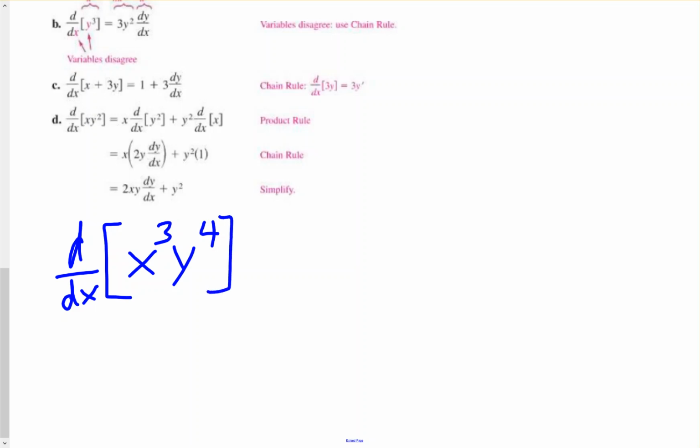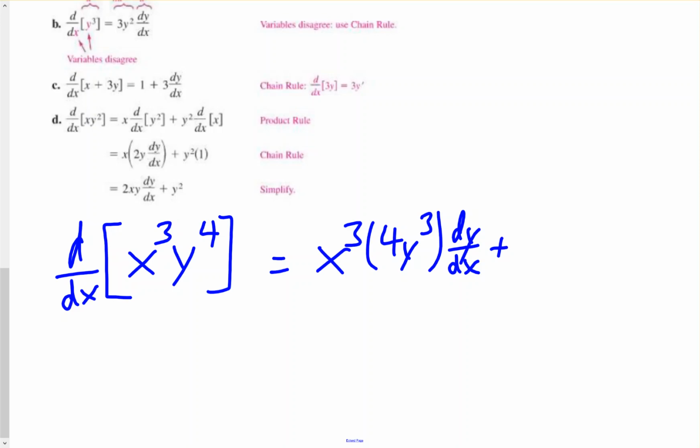It's a product rule, so we do x cubed times the derivative of y to the 4th. The derivative of y to the 4th would be 4y cubed, and then remember to multiply by dy dx, plus y to the 4th times the derivative of x cubed, which will be 3x squared.